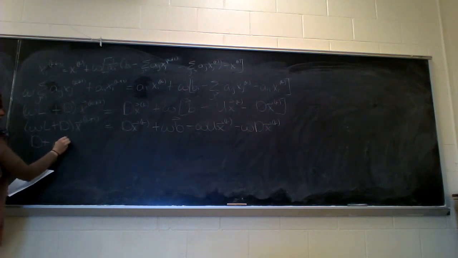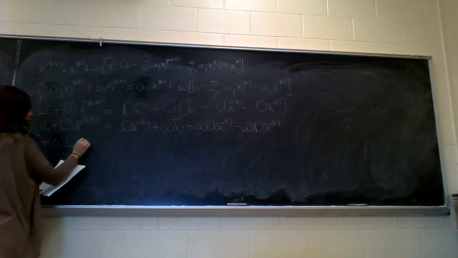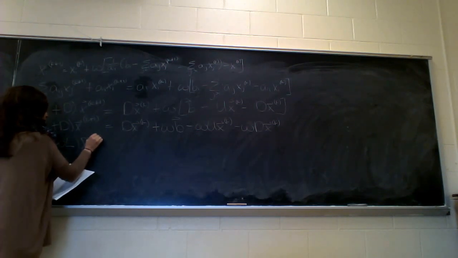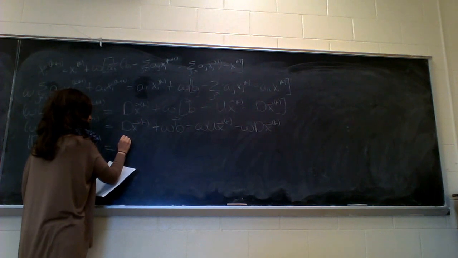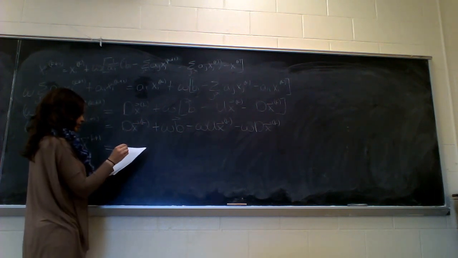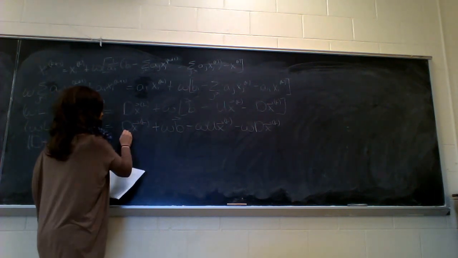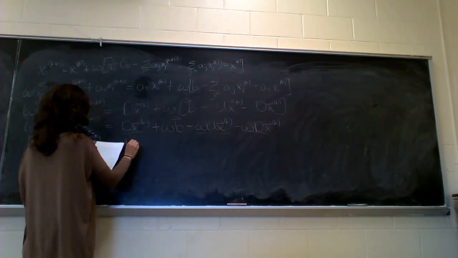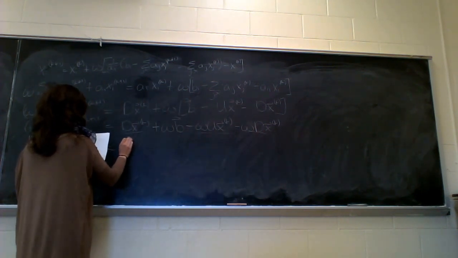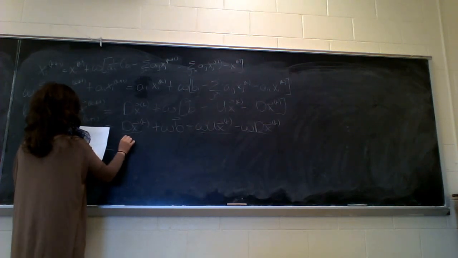So D plus omega L times x^(k+1) is equal to, let's see, we want to collect all of our x terms together, and then factor out.